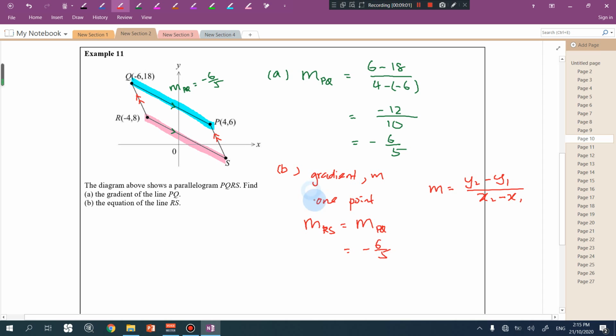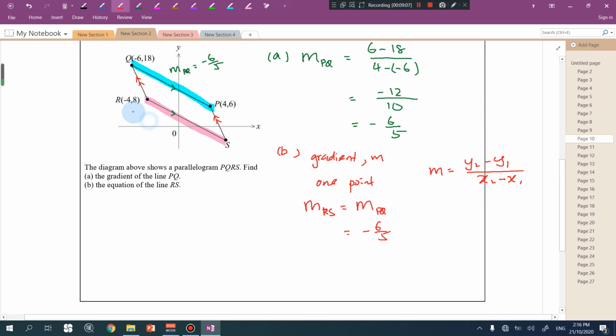What's the next thing? We need 1 point. We just use this point to help us to get the equation of this straight line. You can use y equal to mx plus c to help you to get the equation of this straight line. If you don't want, how about we try another new formula that we have just learned, which is y minus y1 is equal to m times x minus x1.